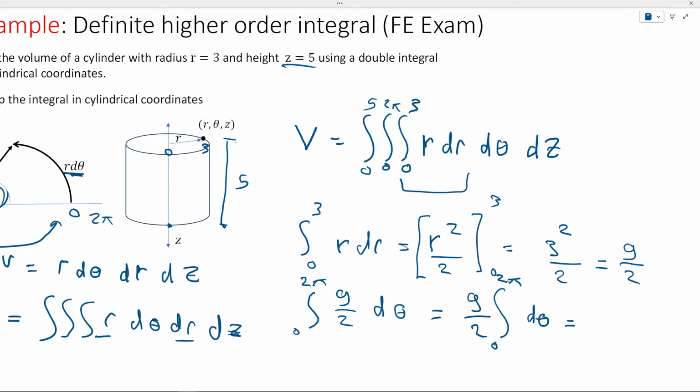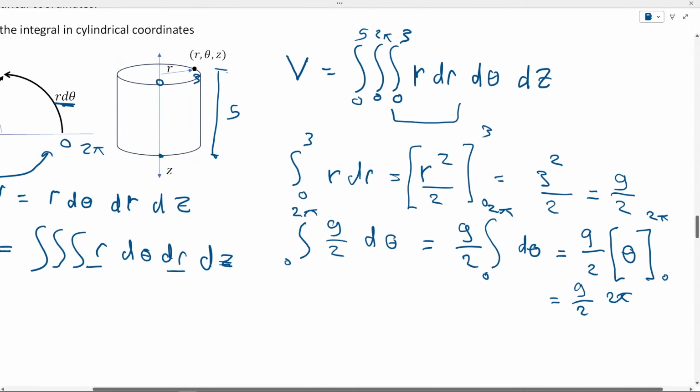That will give me 9 over 2 theta, evaluated from 0 to 2 pi, which gives 9 over 2 times 2 pi. The 2 will cancel with the 2, that will give me 9 pi.